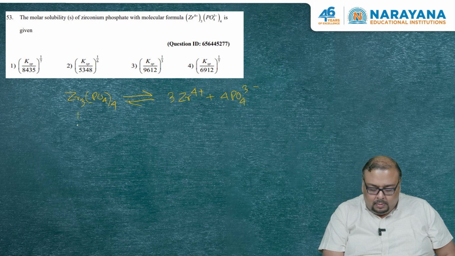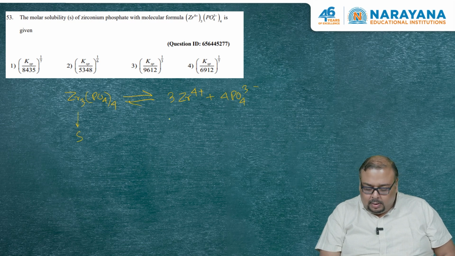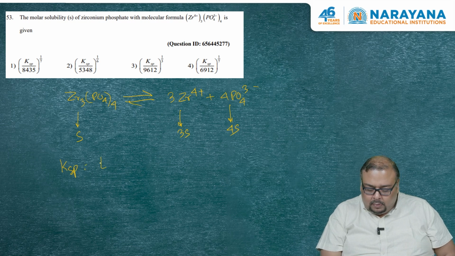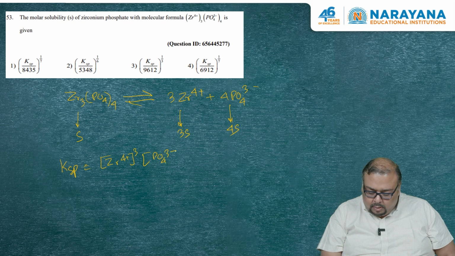If its solubility is S, then this will give 3S and 4S. So Ksp should be equal to concentration of Zr4+ to the power 3 into concentration of PO4 3- to the power 4.